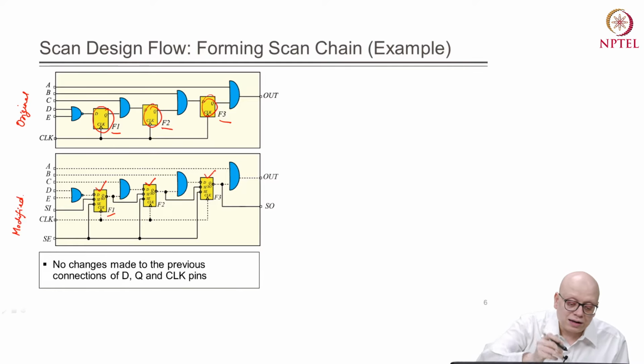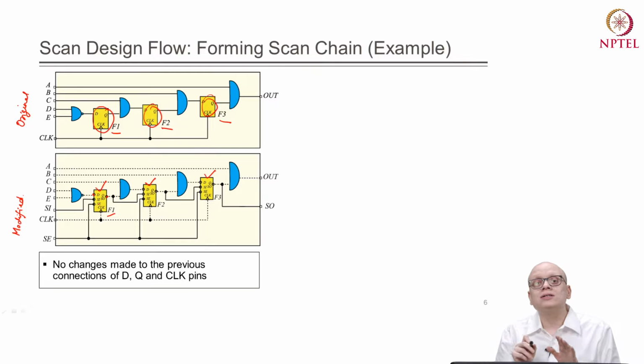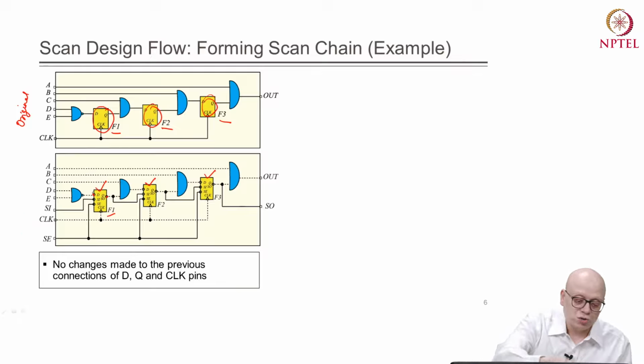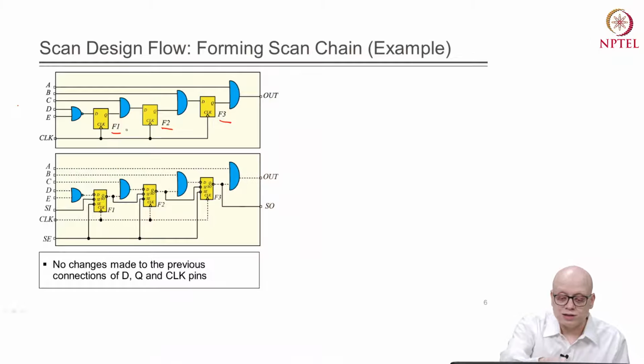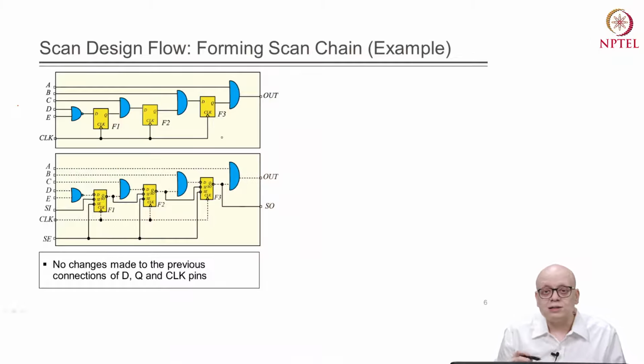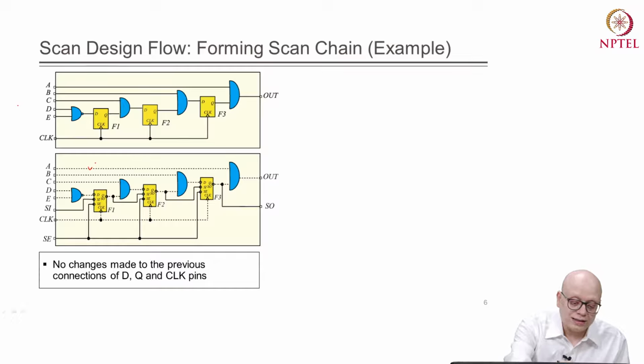And then the Q pin of the scan cell, the D pin of the scan cell and the clock pin of the scan cell, those connections are not changed, those are kept as original. So, the nets for which the original connection is preserved are shown by this dashed line.